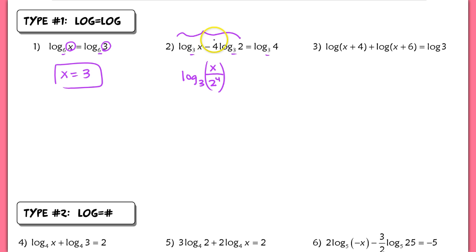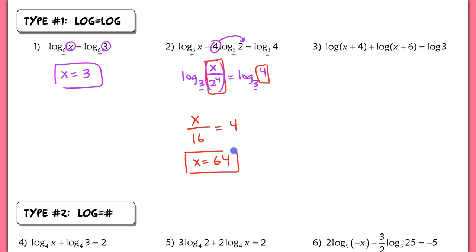I'm taking that 4 here, bringing it over here, and writing this as the quotient of x over 2 to the 4th power. Now on the right-hand side I have log base 3 of 4, and because I have the same base now, I can equate the arguments and say that x over 2 to the 4th, which is 16, should equal 4. So now I solve by multiplying by 16, and I end up with x equaling 64.